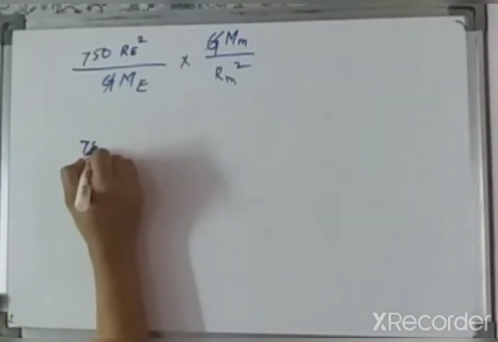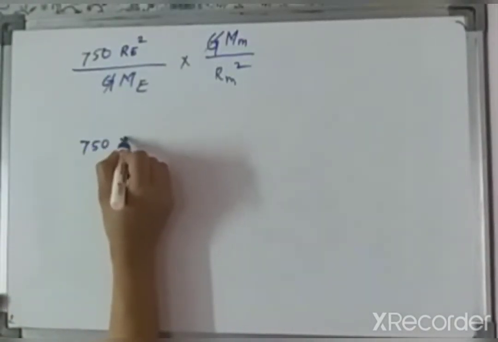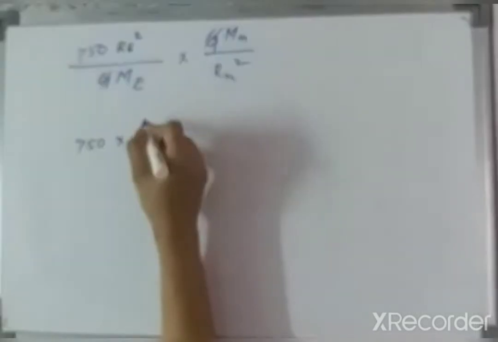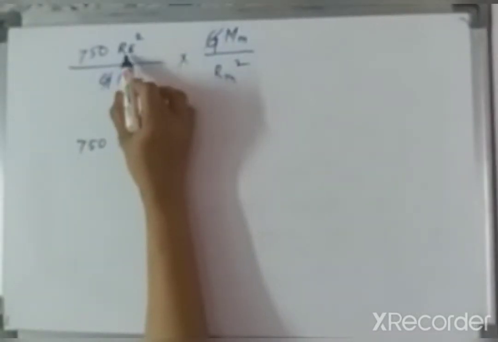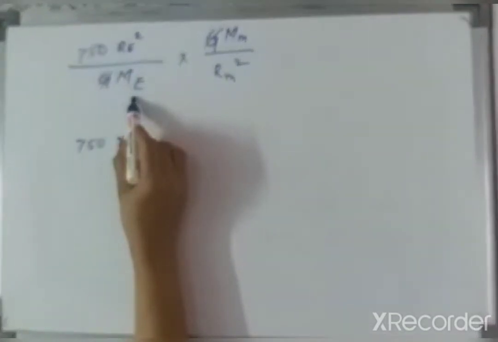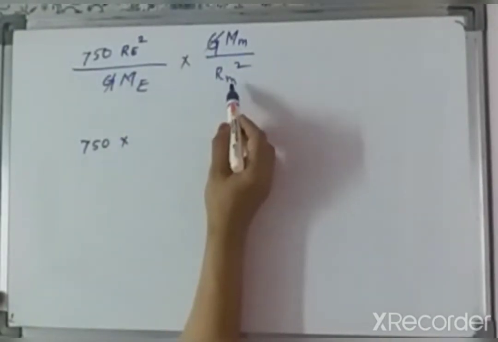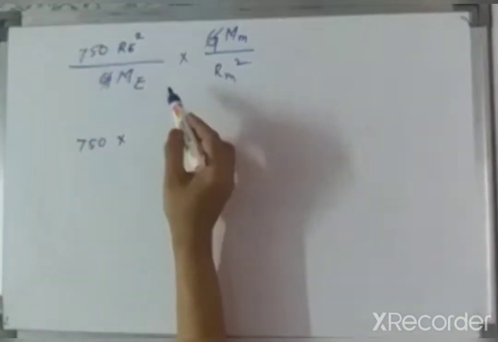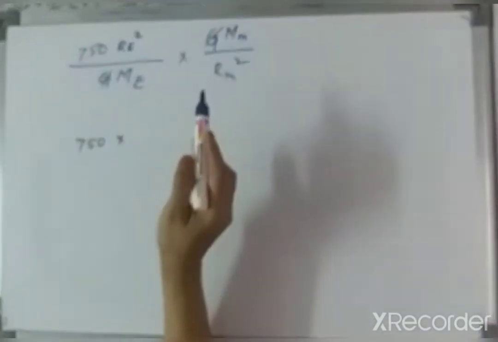Now next, 750. Now I will write this in a little proper way. Here I will take all the numerators: radius of earth square into mass of moon, and here mass of earth into radius of moon square. So I will take the ratio of mass and ratio of radius together.